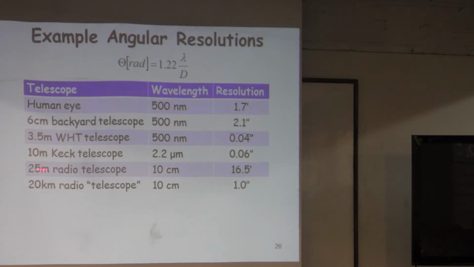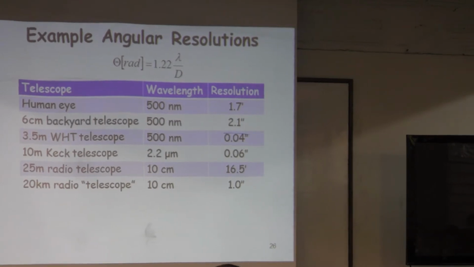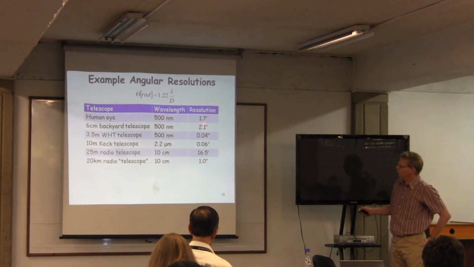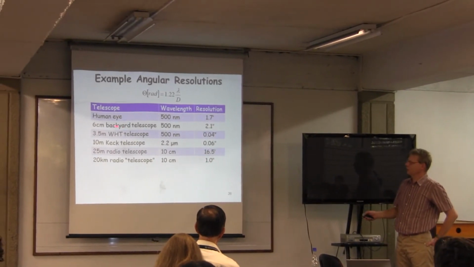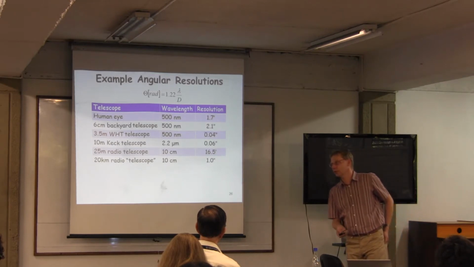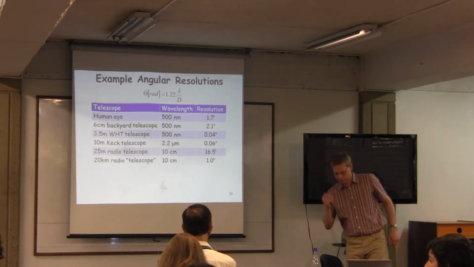And that's the reason why people like to combine radio telescopes over large distances with an interferometer, which we're going to discuss next week, to get resolutions that are comparable, well, at least with your backyard telescope. How large is your backyard telescope, Rafael? 6 centimeters.